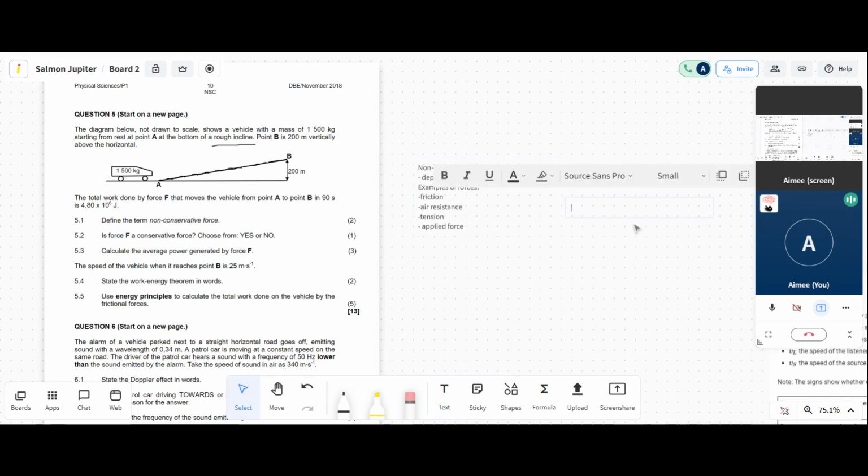And then just kind of the same idea, but for conservative, it's independent of the path taken. So the path it takes has absolutely zero effect.